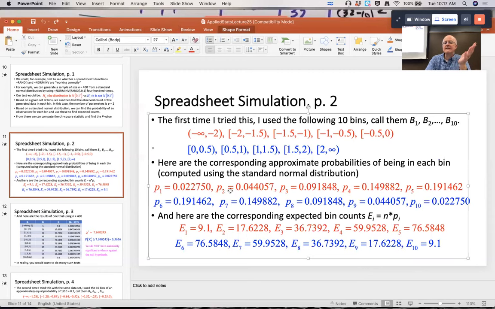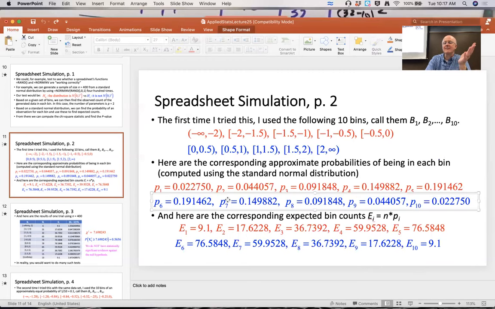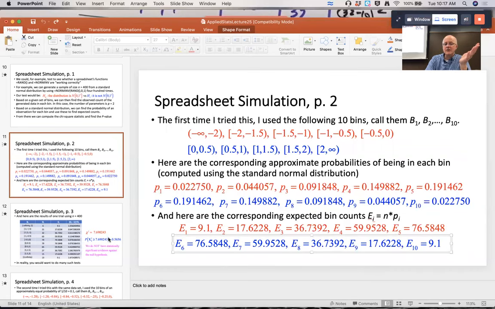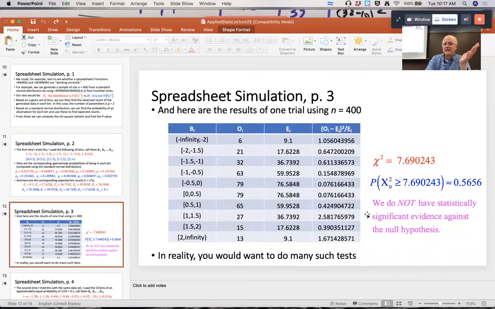However, that leads to proportions, probabilities that are not the same, and the bin counts are therefore not the same. Anyway, you can do it, and I did, and you get a chi-squared value. There are 10 bins here, so there's 9 degrees of freedom. Get a chi-squared value there, and the p-value is not very small, so don't reject the null.